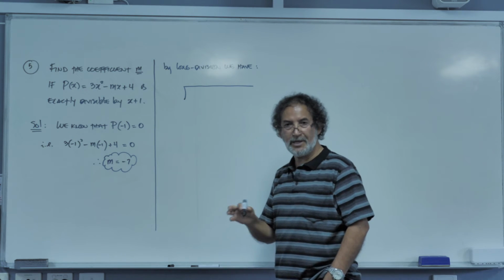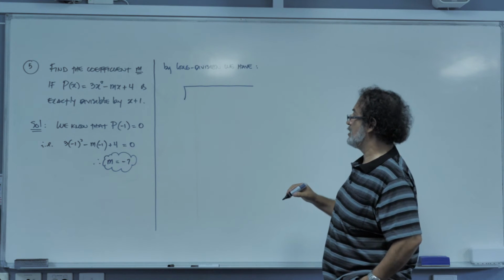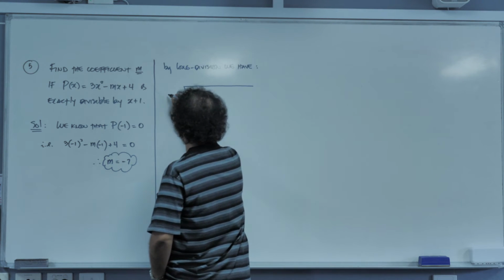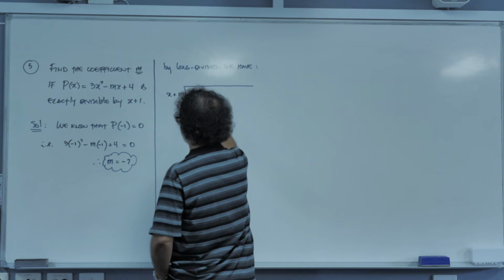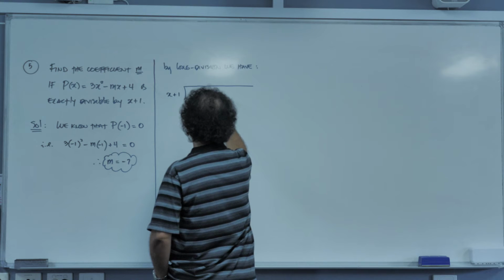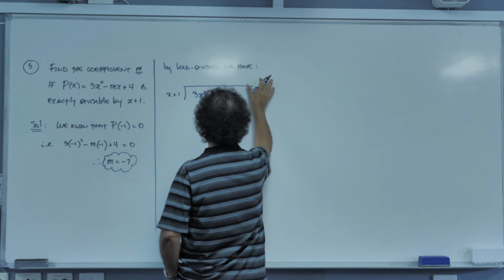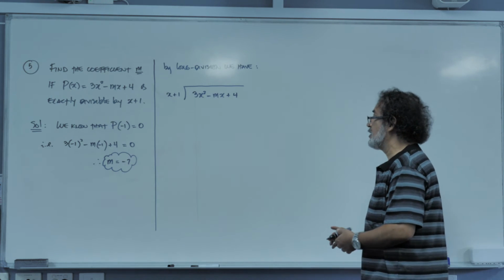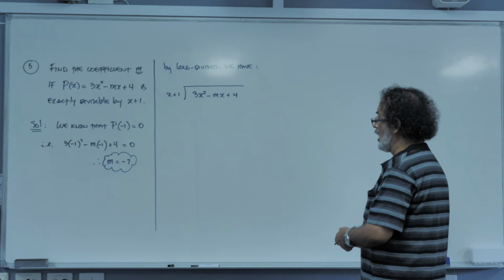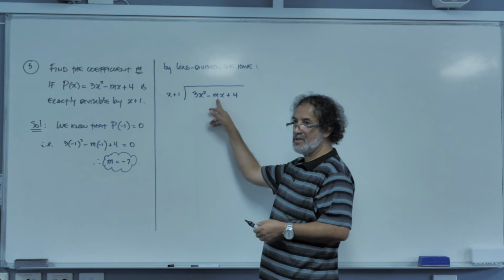Now we're going to be doing a little bit of algebra, very simple algebra. Okay, I hope you don't get confused. So we need to divide this polynomial 3x squared minus mx plus 4. All right, so we got that one. And can you see that in here we have something that we don't know?